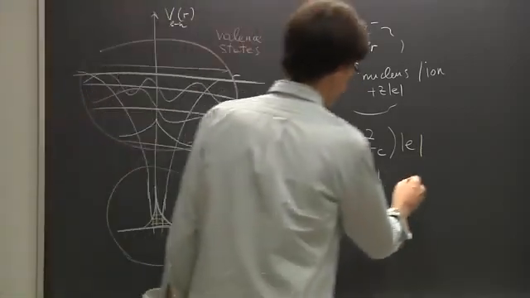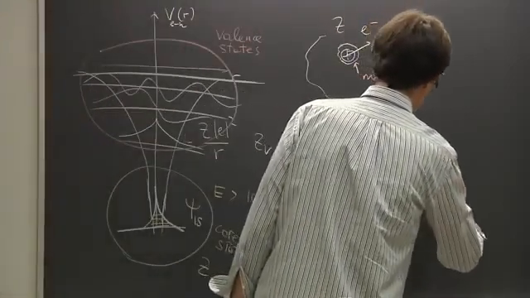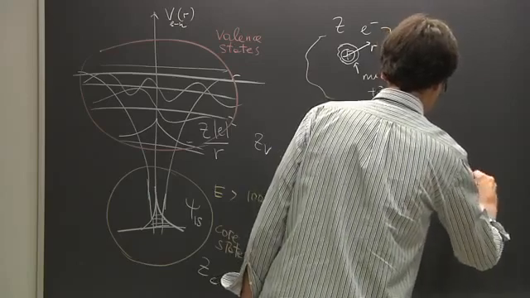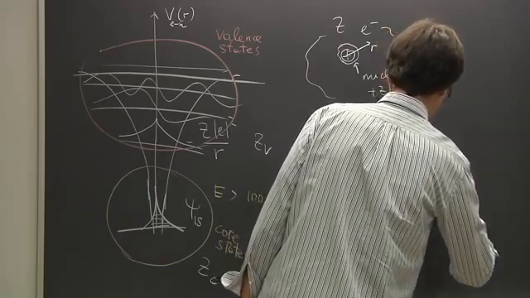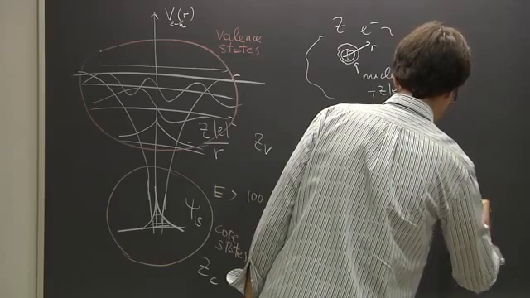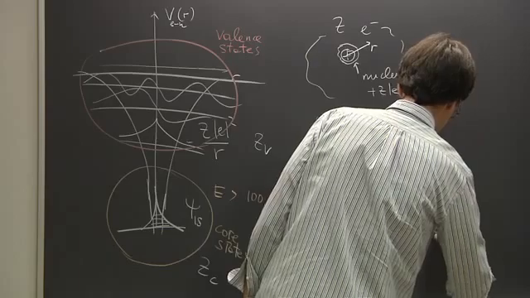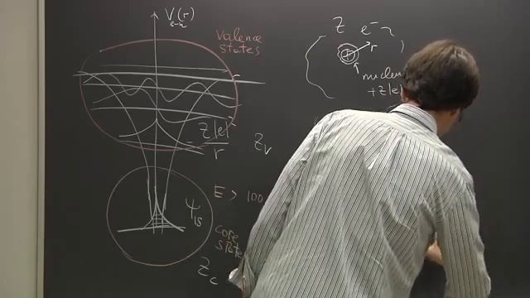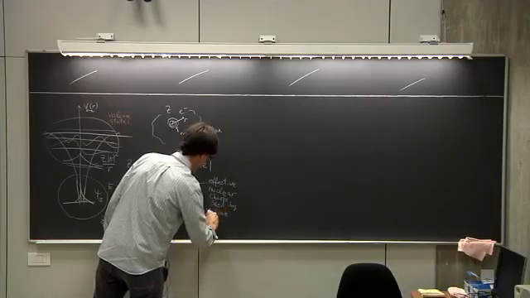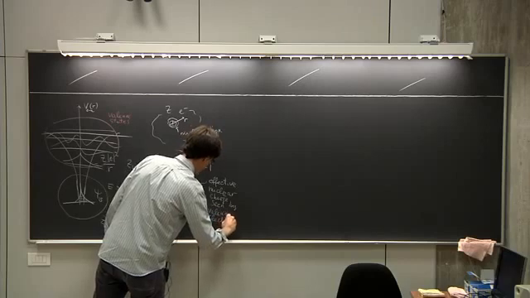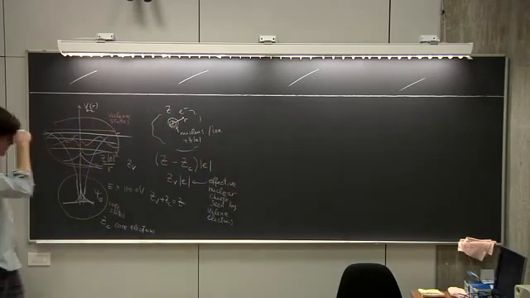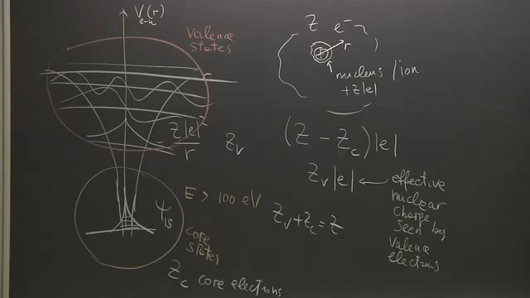So this is the effective nuclear charge seen by valence electrons.